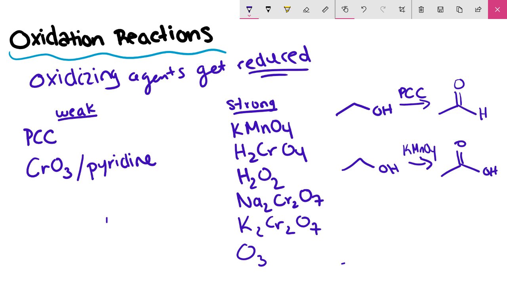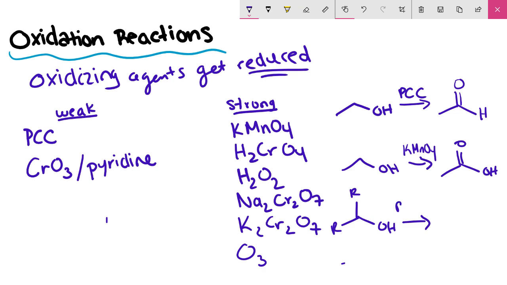All right, so that's pretty much how you could sum up strong versus weak. The only thing is when you have something like this, where we have R groups and OH is an alcohol, then you could use either a weak oxidizing agent or a strong oxidizing agent and you'll still get the same product.